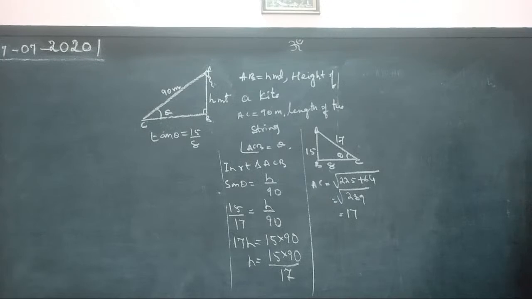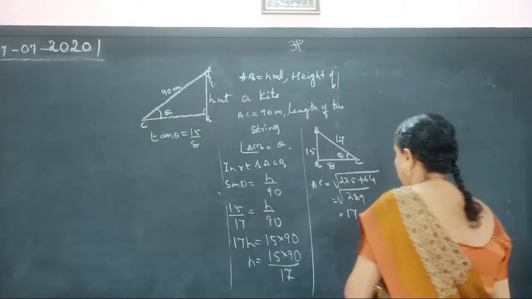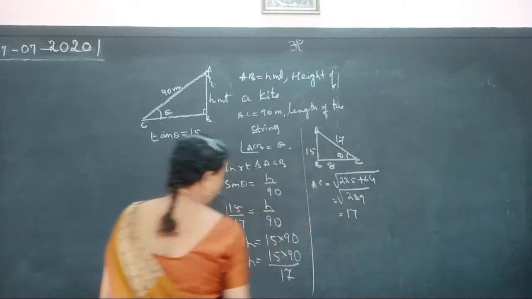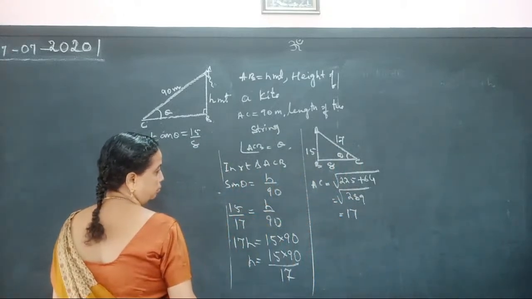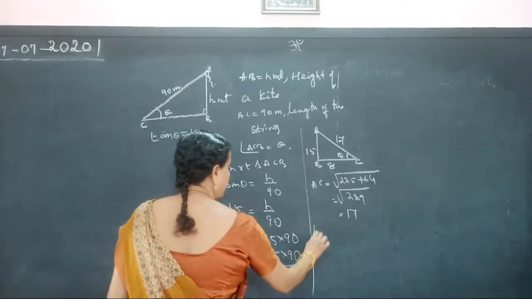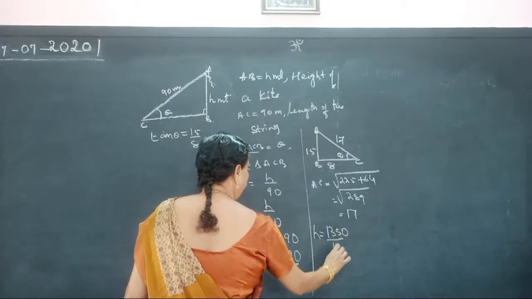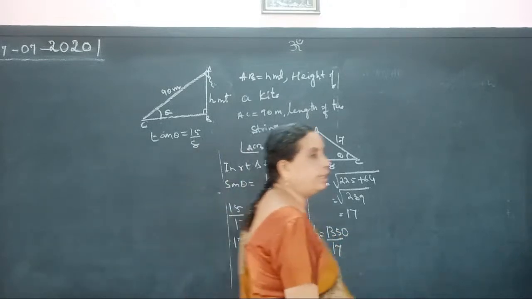What is the answer you get? Height h equals 15 into 90, 1350 divided by 17.